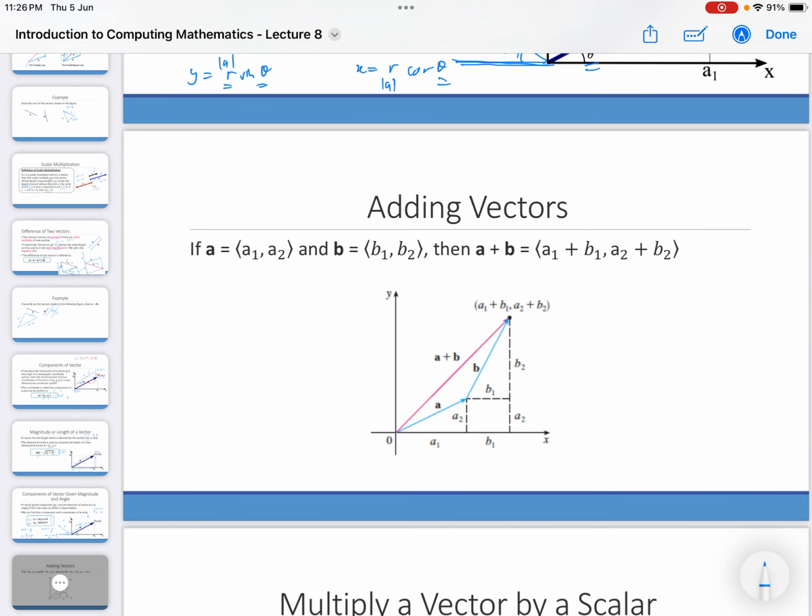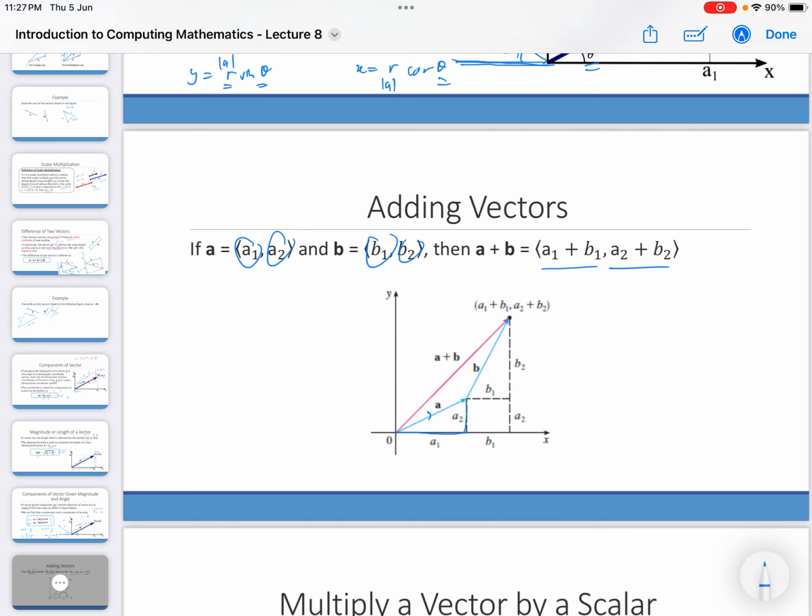So now we want to add vectors using the components. Let's say we have A, where the components of A are A1, A2, and B, where the components of vector B are B1, B2. Then vector A plus vector B equals, for the first component, we add the first components of A and B, so we get A1 plus B1, comma, and then we add the second components, A2 plus B2. If you look at this, for vector A, this is the x displacement and this is the y displacement.